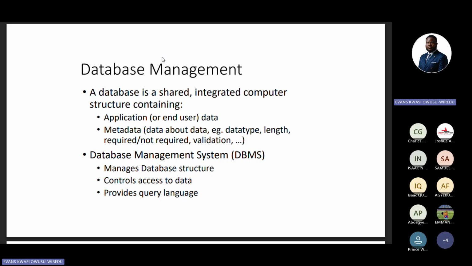So we just want you to understand that it includes the application data, right? The one that you are using, the data that has been collected and that is about to be used or processed, the main thing that you have collected. And it also includes certain data, especially ones that are computer related.